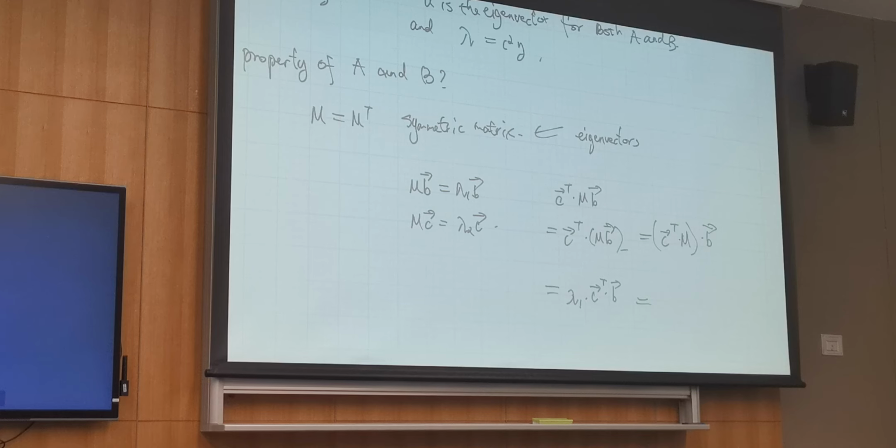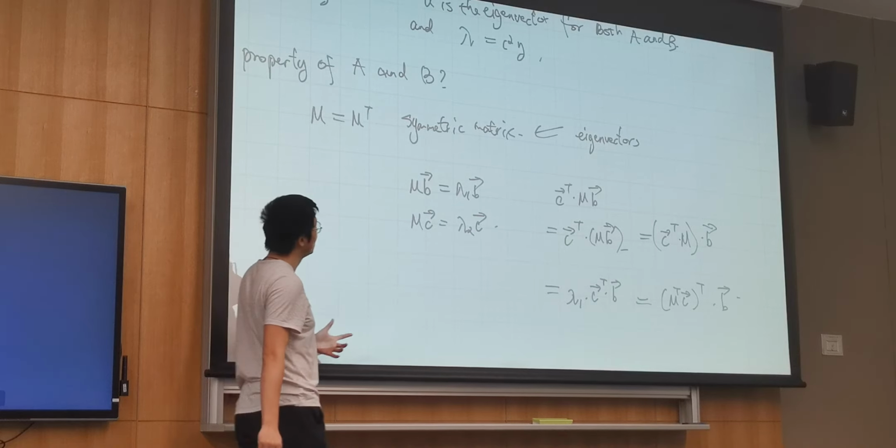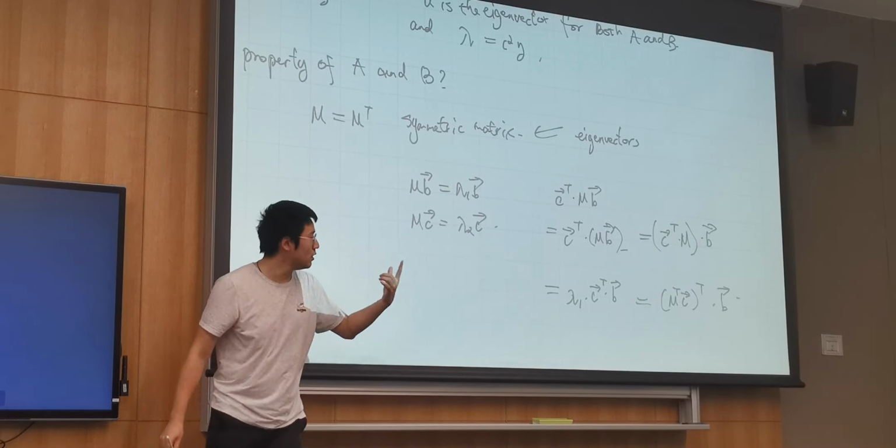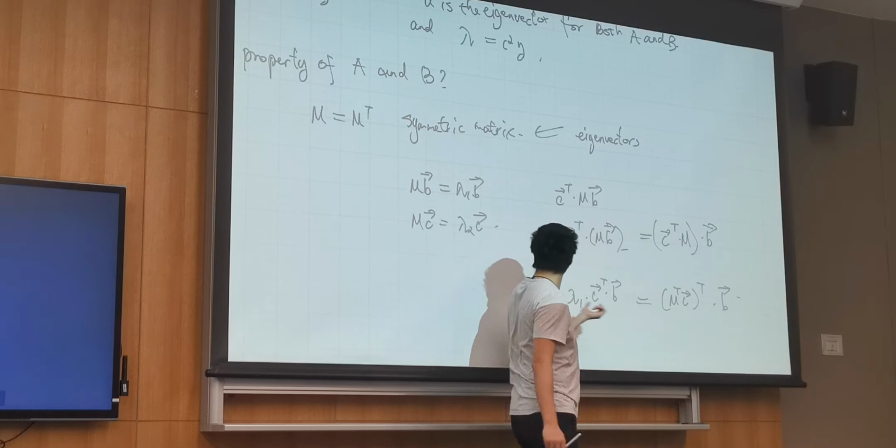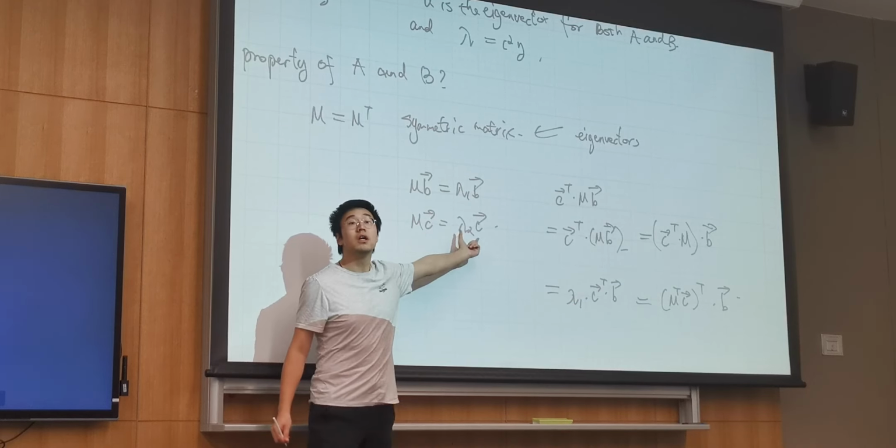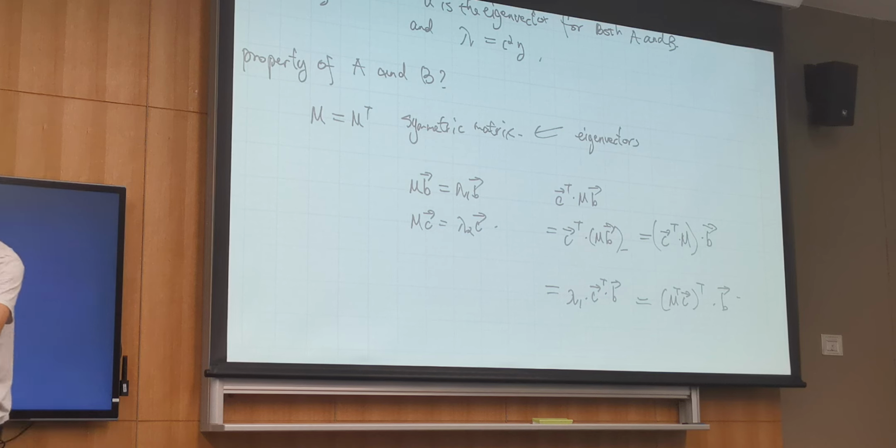That's actually M transpose C transpose, then multiplied by B. But M transpose is M itself, so this is MC, which is lambda 2 C, giving lambda 2 C transpose multiplied by B.